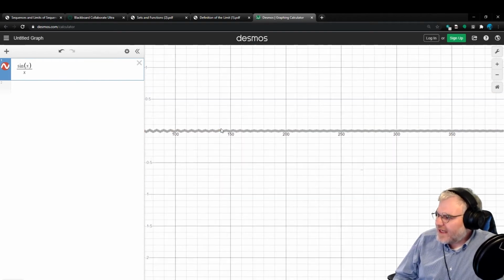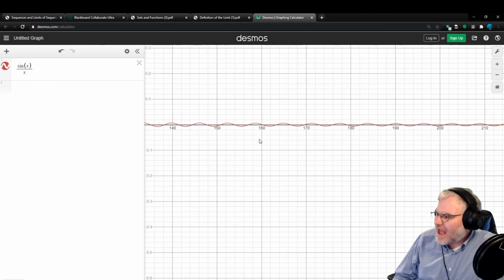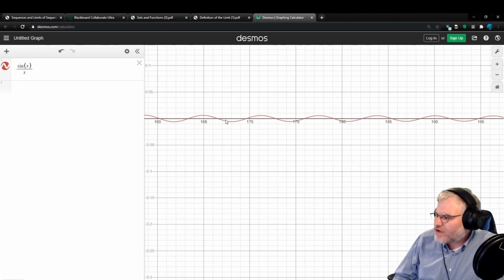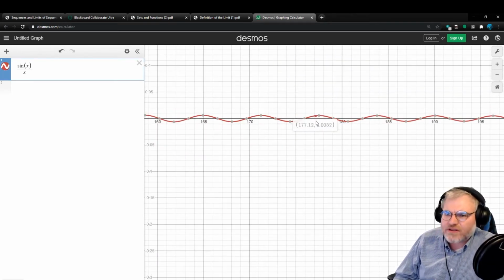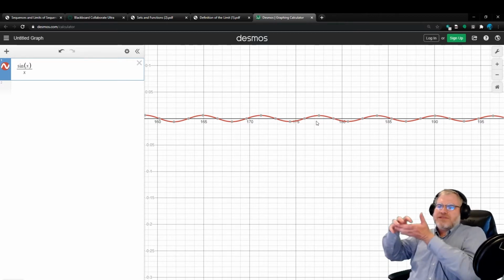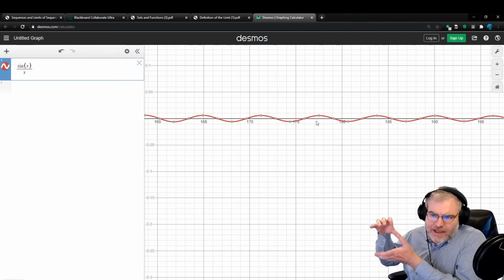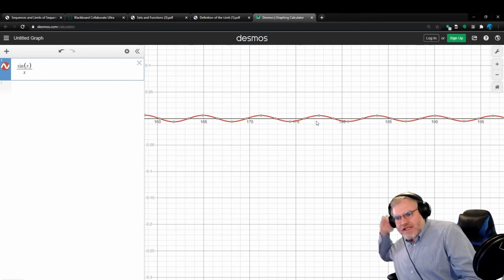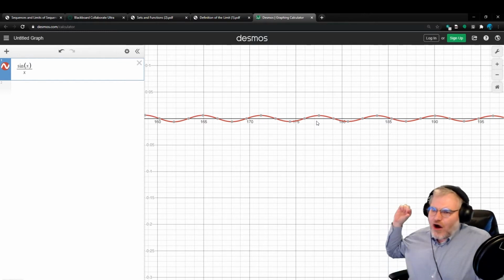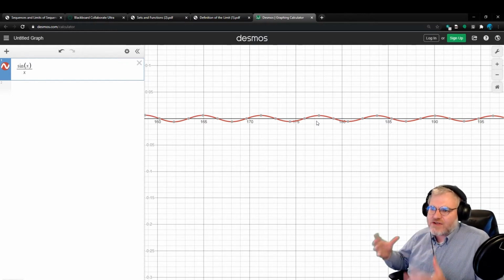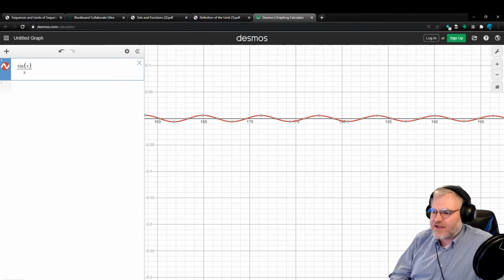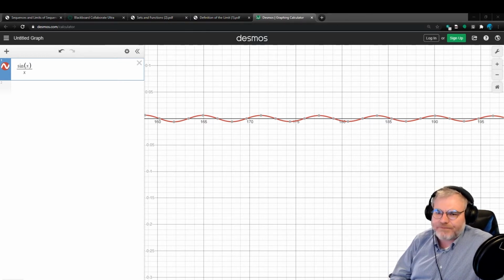It moves away, but every time it returns even closer. The maximum distance away from 0 gets smaller and smaller as I move to the right. For any arbitrary distance away, I could eventually get inside there.